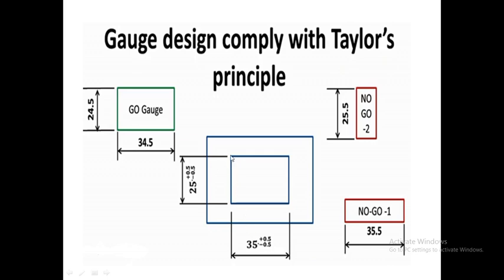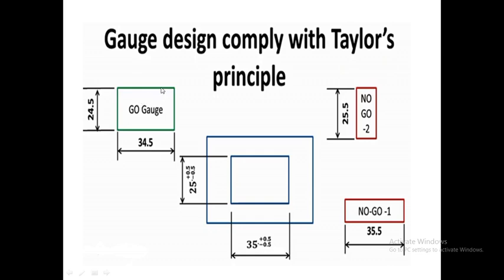Also, according to Taylor's principle, the go gauge is always designed for maximum material conditions. Now you can see that this hole will have maximum material inside it when the dimensions are minimum. That is, the length is also minimum as well as the height is also minimum. So the minimum length will occur when the dimension is 35 minus 0.5, so 34.5, whereas the minimum height will occur when the dimension is 25 minus 0.5, that is 24.5.